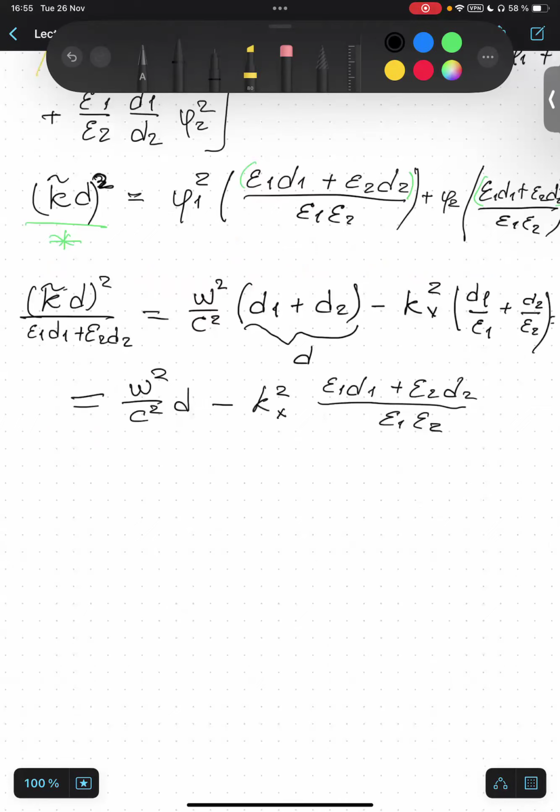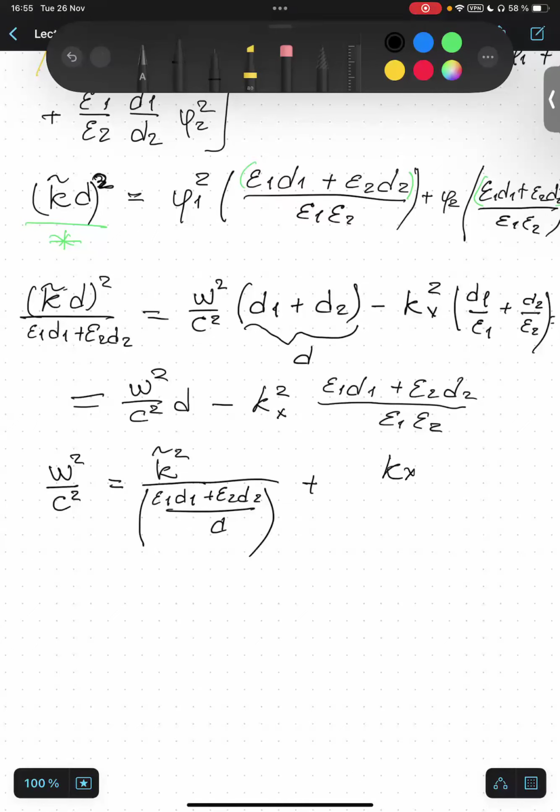Now we can finally write a very familiar result. k tilde squared divided by (epsilon 1 d1 plus epsilon 2 d2) over d, plus kx squared and the same bracket, d2 over d.